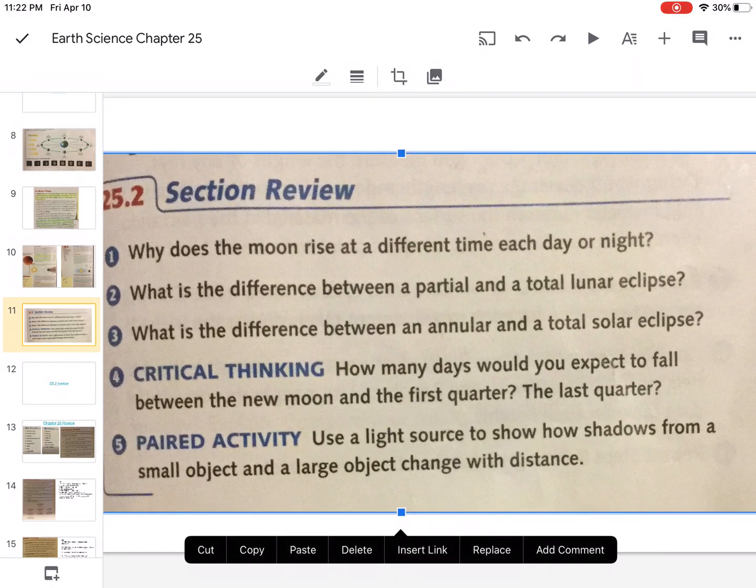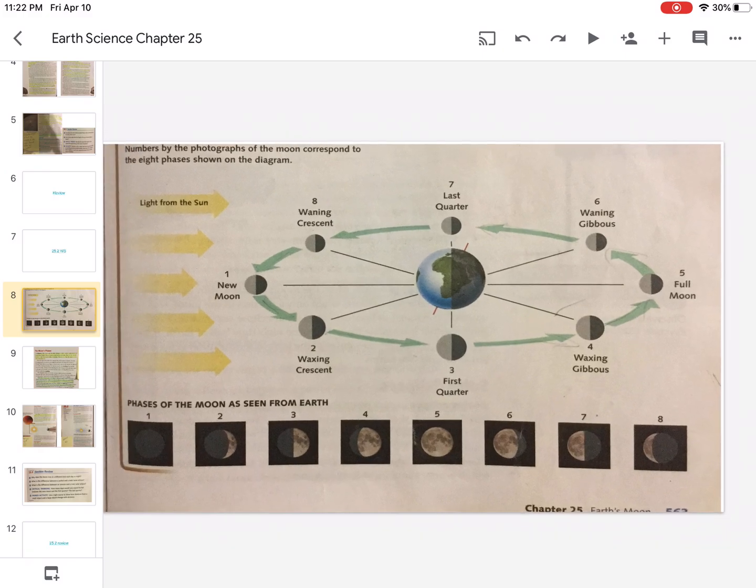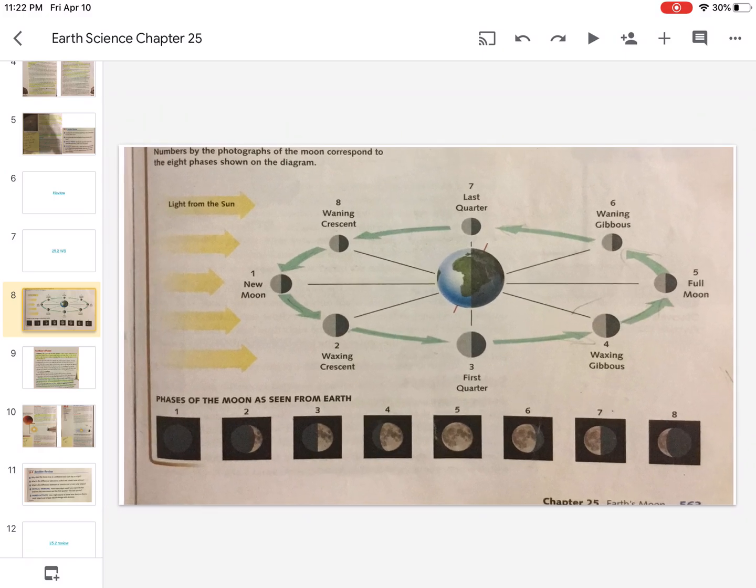Critical thinking. How many days would you expect to fall between the new moon and the first quarter and the last quarter? So if you look at, let's go back here, let's just look at new moon to full moon.